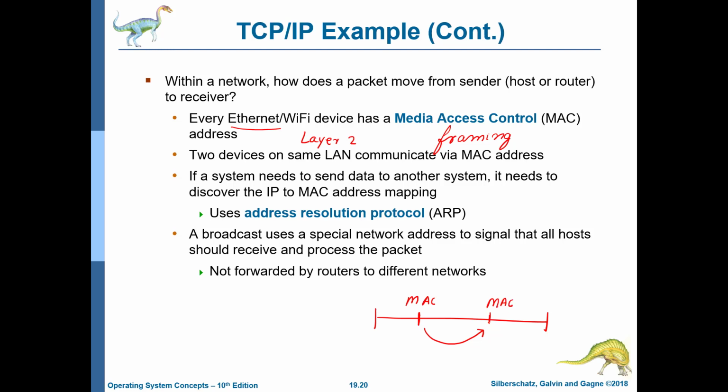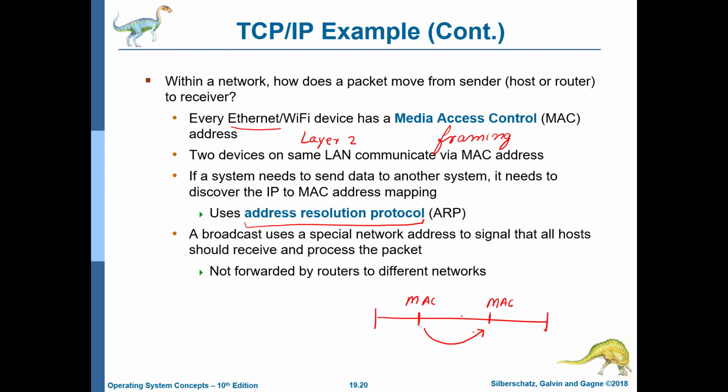Every device will have a MAC address, every network card will have a MAC address. If we want to send a message from here to there, it needs to find out the IP to MAC address mapping. So it uses the Address Resolution Protocol, or ARP, to map the IP address and the MAC address.